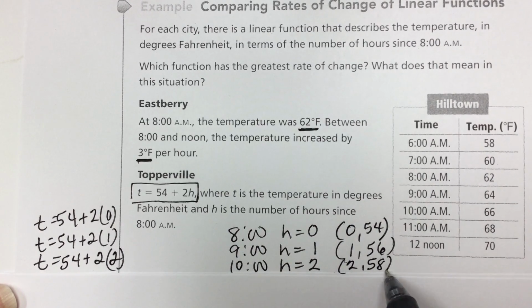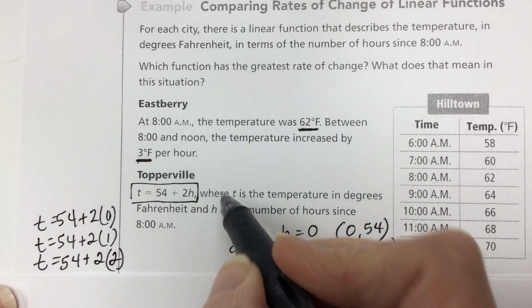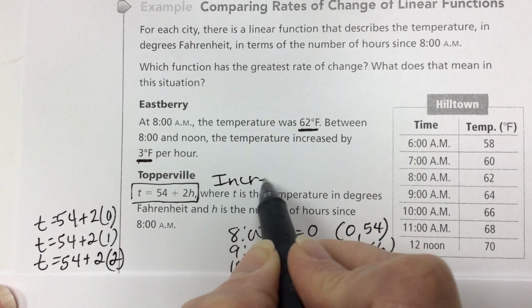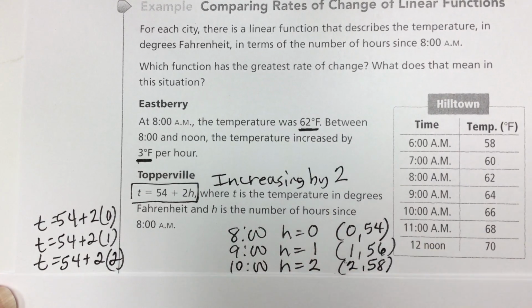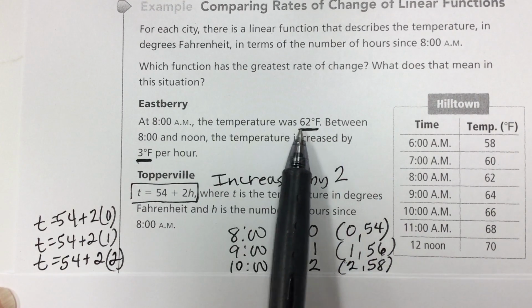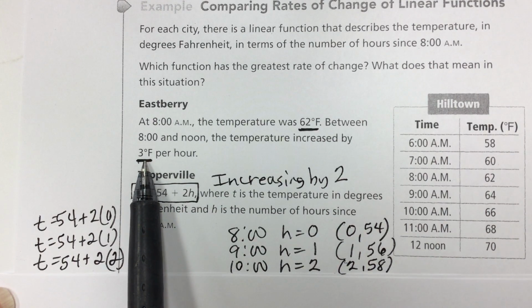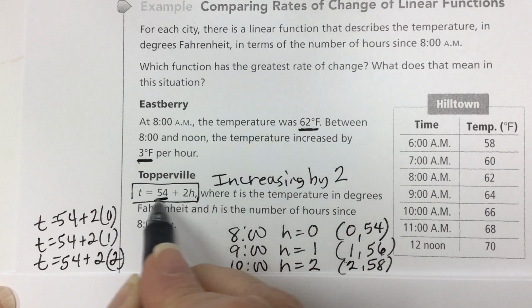So you see, we're increasing by 2. This 2H says we're increasing every hour by 2. Okay? So Eastbury started at 62, increasing 3 degrees every hour. And Toppersville, they started at 54.